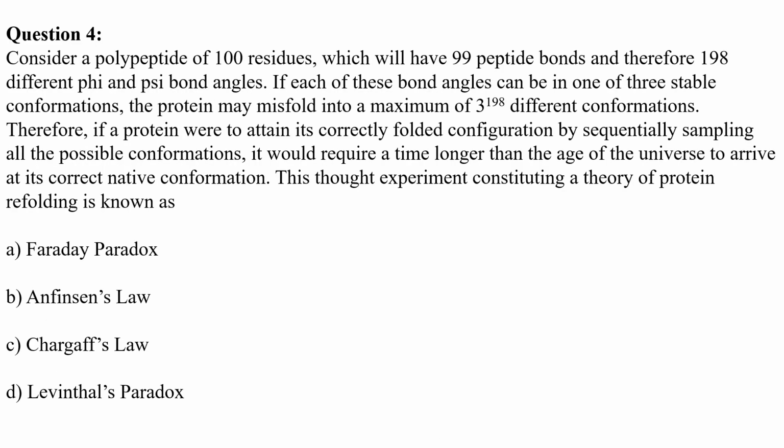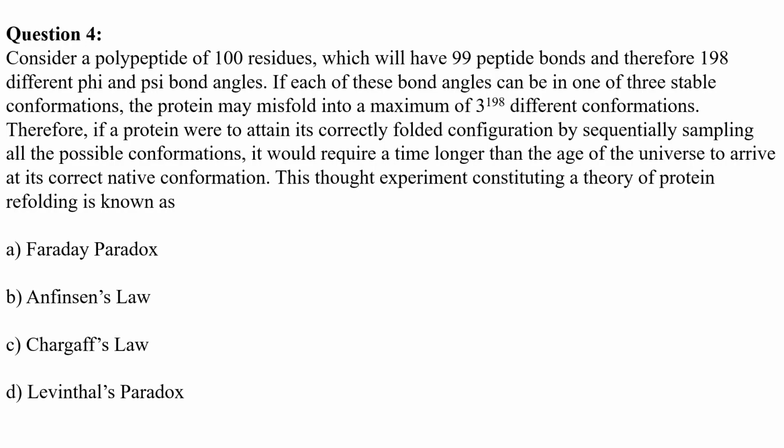Okay, so moving on to the next question, question number 4. Consider a polypeptide of 100 residues which will have 99 peptide bonds and therefore 198 different phi and psi bond angles. If each of these bond angles can be in one of 3 stable conformations, protein may misfold into a maximum of 3 raised to the power of 198 different conformations.